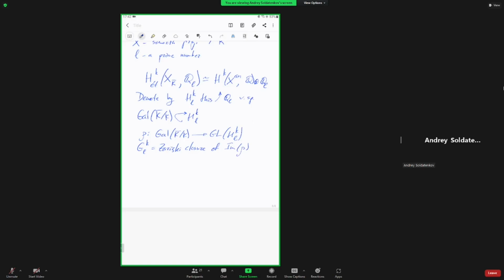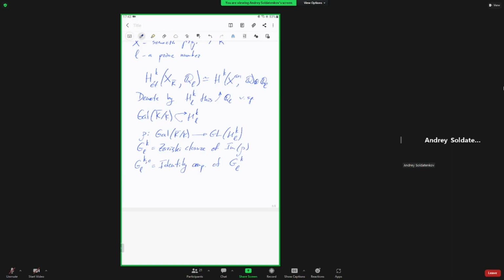This will be some algebraic group over Q_L, and then let's take the identity component of this group. This will be G^0_{K,L}. So we have a connected algebraic group inside the GL of this Q_L vector space.